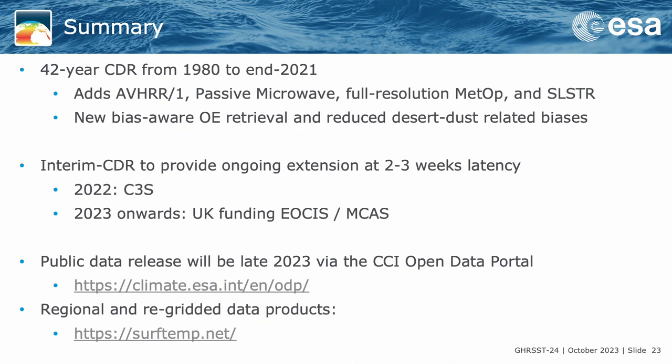The AVHRR retrievals now use bias-aware optimal estimation, and the cold biases associated with desert dust have been addressed. The combined CDR and ICDR is being prepared for release through the CCI Open Data Portal later this year. There will also be a service to allow download of regional subsets and lower resolution products.